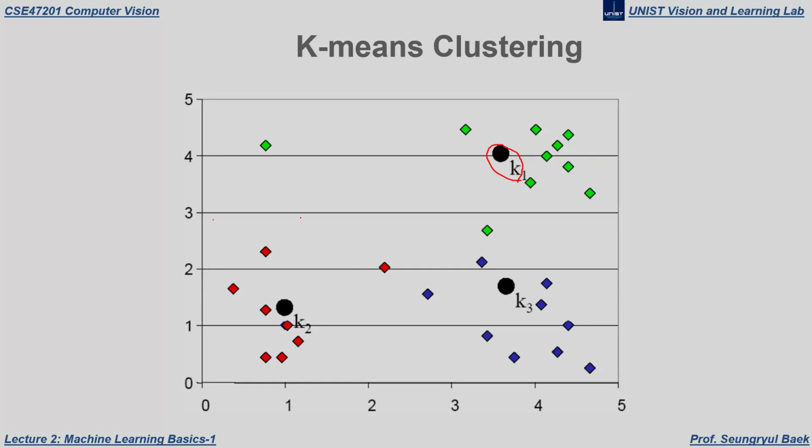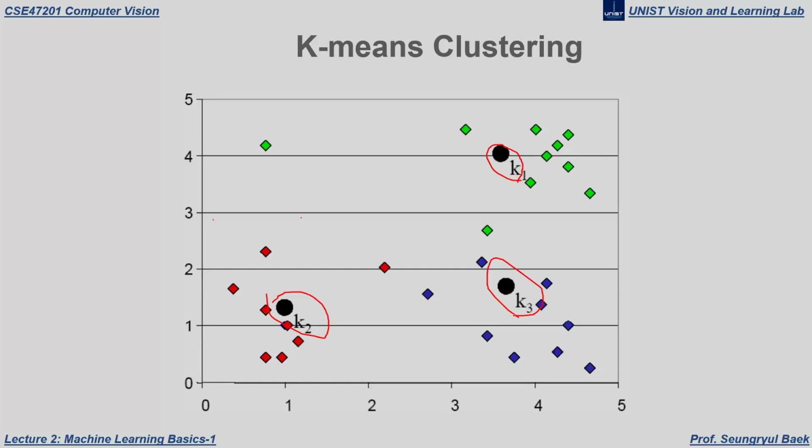And you can update K2 by calculating the mean of the red samples. And then you can update K3 by averaging the blue points. That is actually the new centroid.